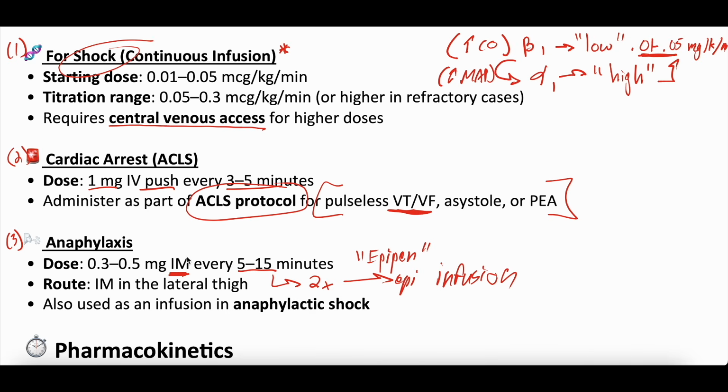But you do want to give it intramuscular. Lateral thigh is a common place, 0.3 or 0.5 milligrams every 5 to 15 minutes. And if it's refractory to this, you can change it over to an epinephrine infusion for anaphylactic shock. And again, our practice pattern tends to be 2 intramuscular doses. And if it's still not effective, then we put them on an epinephrine infusion for anaphylactic shock.